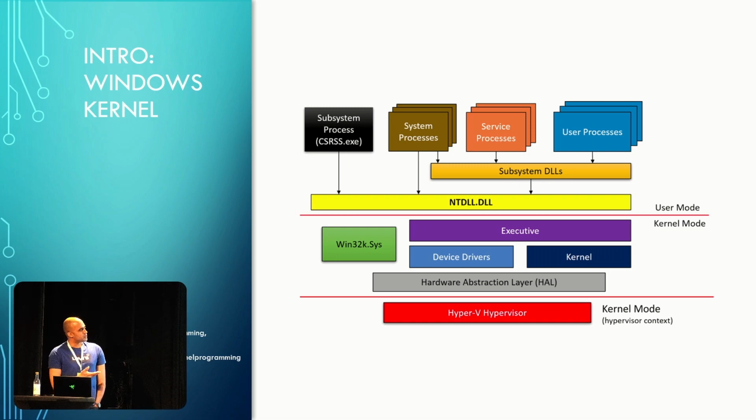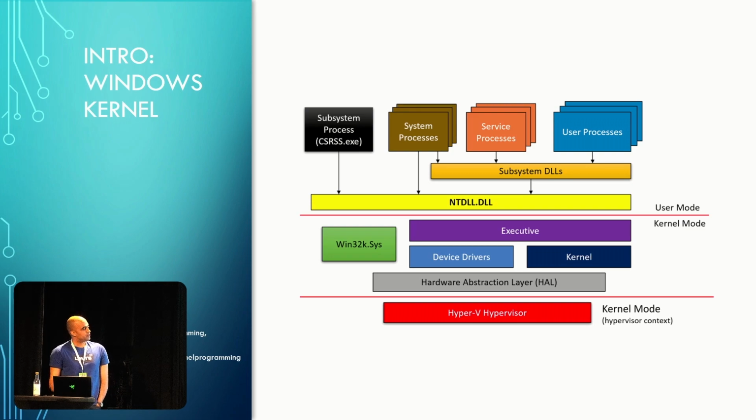Usually in user mode, you will interact with the operating system by calling some sort of API function, and that API function will reside in a DLL, usually inside a subsystem, such as Win32. It will trickle down to the native DLL, NTDLL, in yellow.